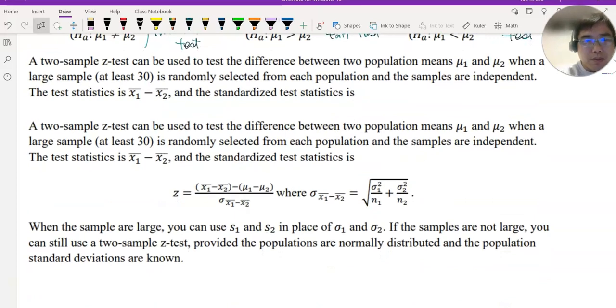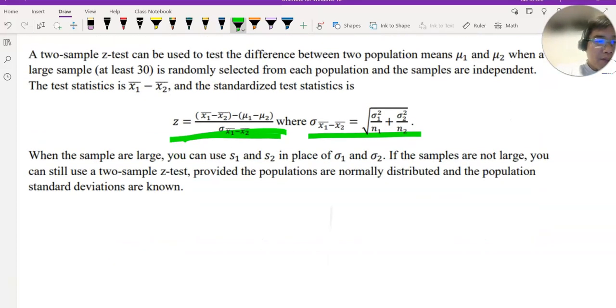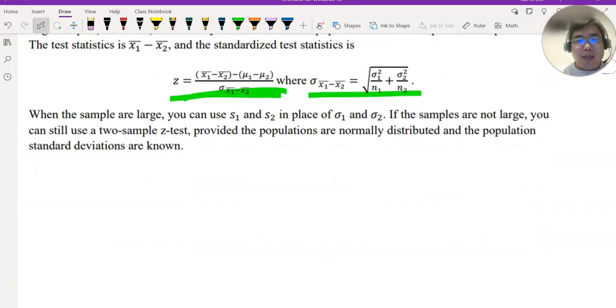You use this formula to determine sigma and then the z-test. When the samples are large, you can use s1 and s2 in place of sigma1 and sigma2, the same concept as in one-sample hypothesis testing.